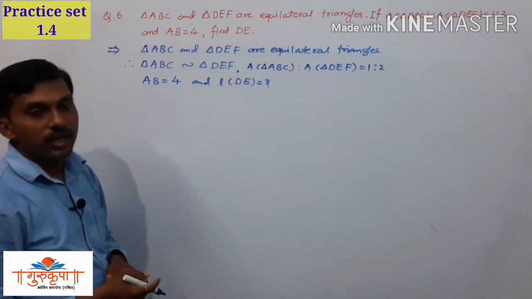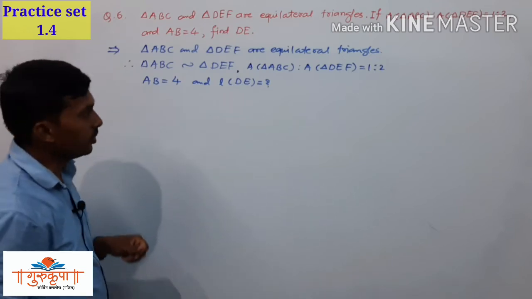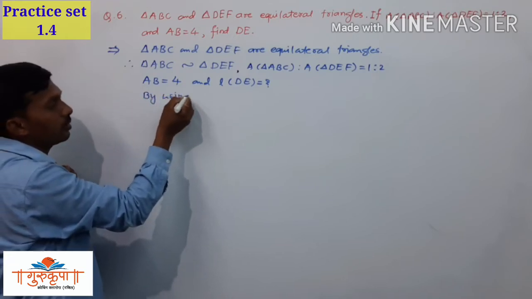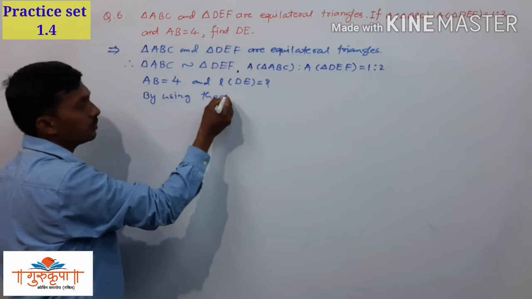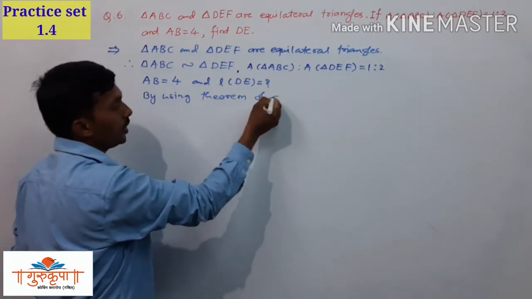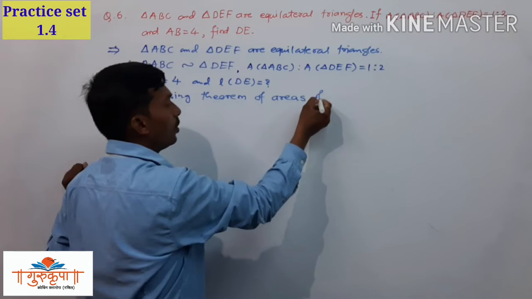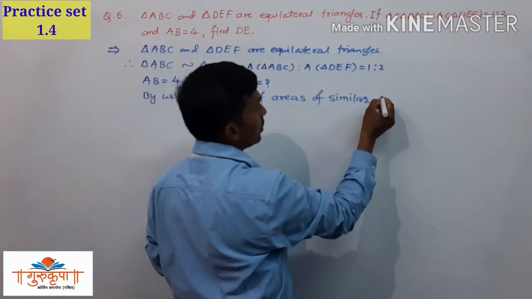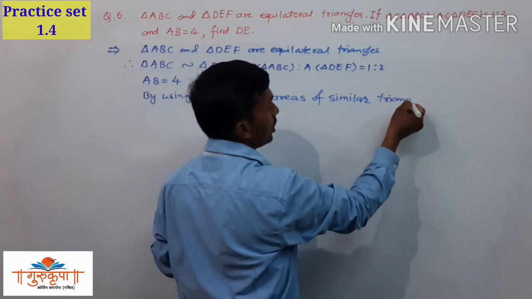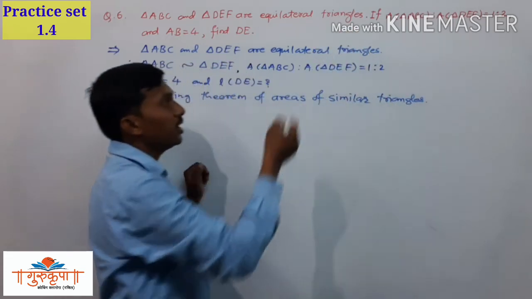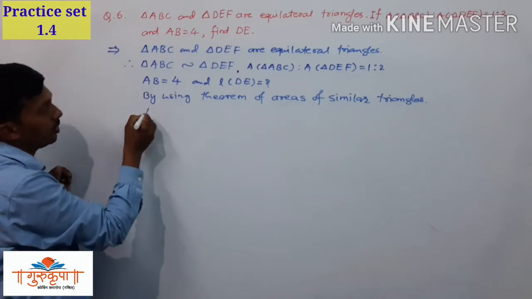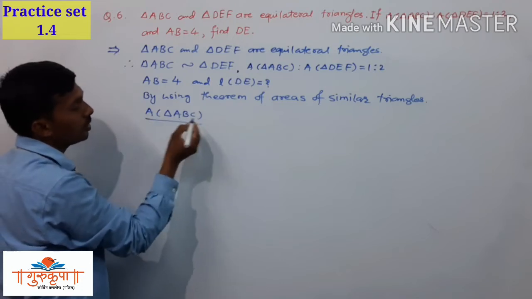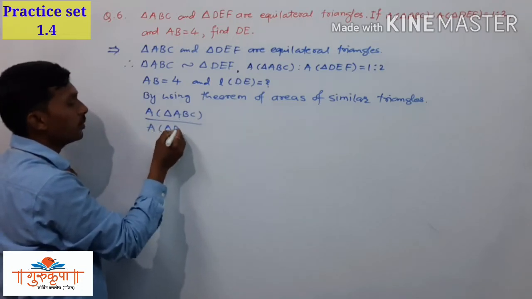Now, by using the theorem of areas of similar triangles, we can write area of triangle ABC upon area of triangle DEF is equal to the square of the corresponding sides.